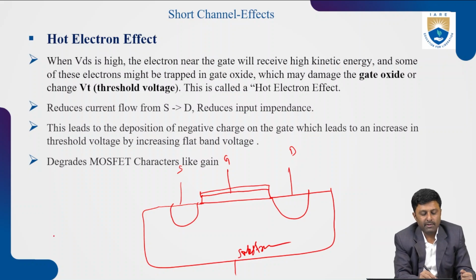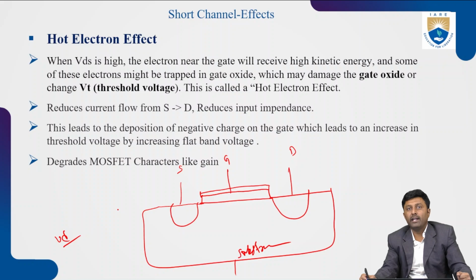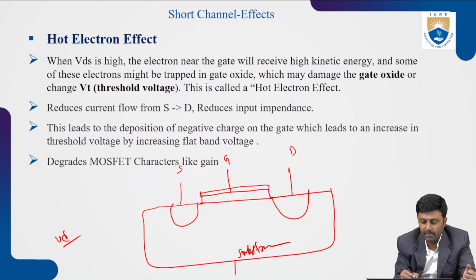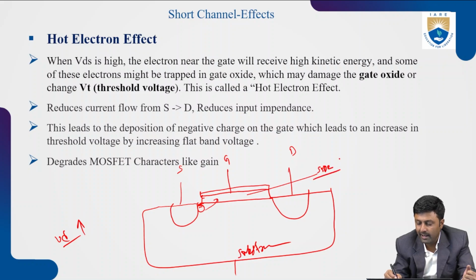So if the voltage VDS is high, the electrons near the gate terminal will go into the oxide if VD increases. So this is our silicon dioxide layer.